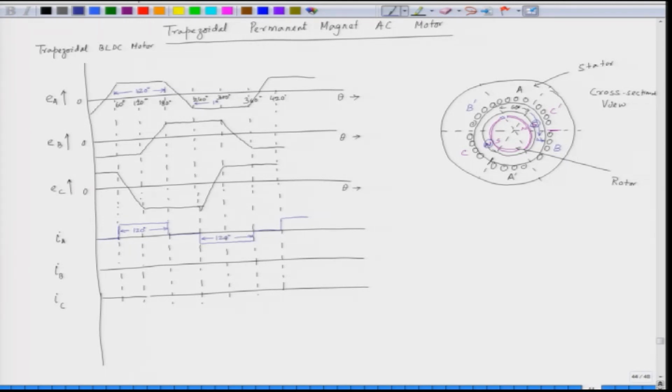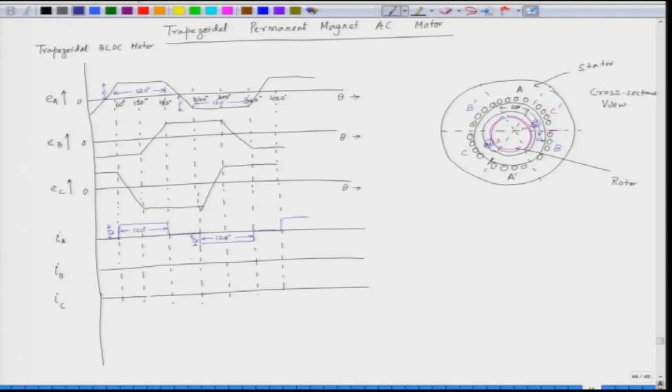And this amplitude, let us say, is capital E, this is the EMF amplitude. And the amplitude of the current here is ID.